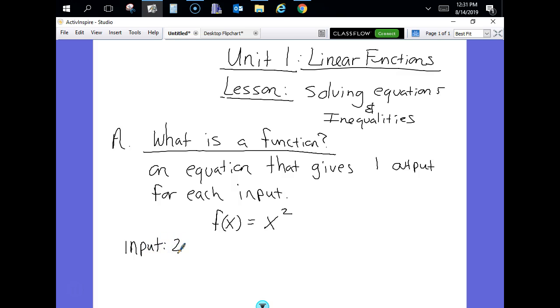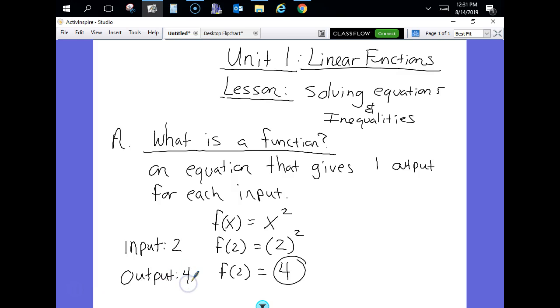I want to plug 2 in for x. Okay, so what that looks like is like this. Now, what is 2 to the second power? It's 4. That's my output. So I plug in 2, I get out 4.